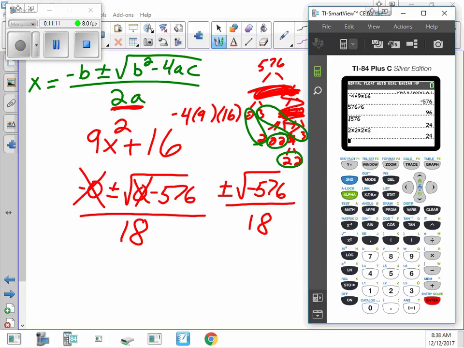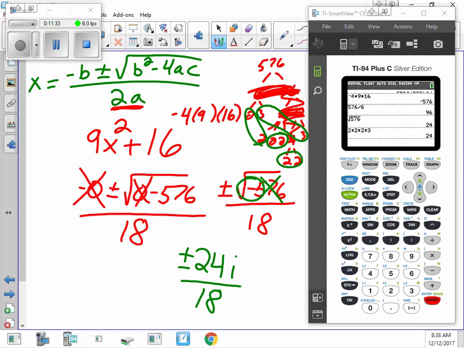Okay, so what should I write now? Plus or minus 24, and that takes care of this, but there's still a negative, which we need to put an i over 18. Can I simplify 24 over 18?